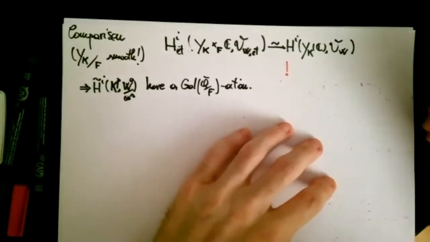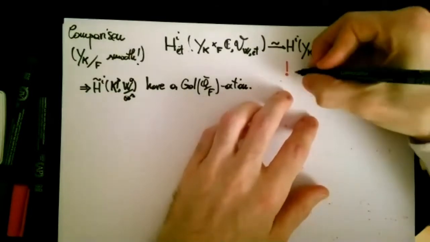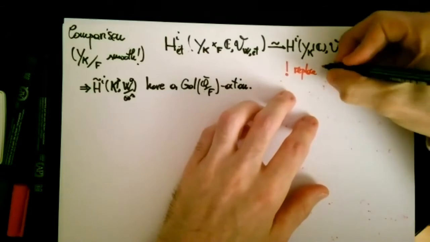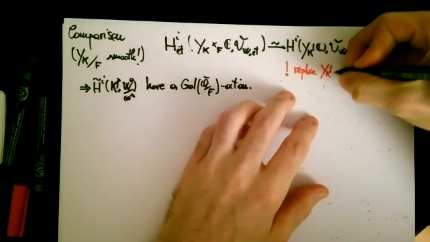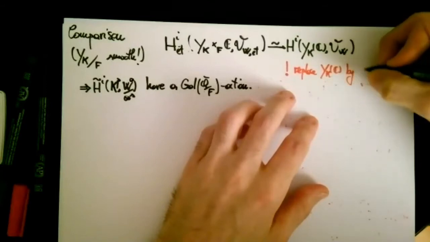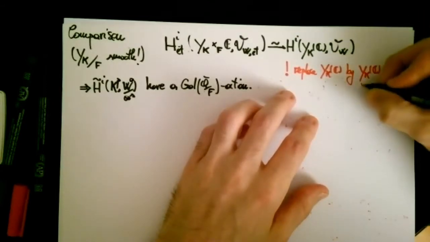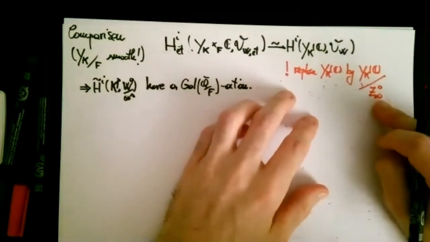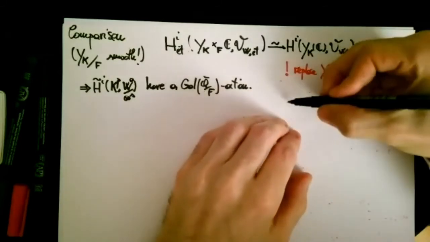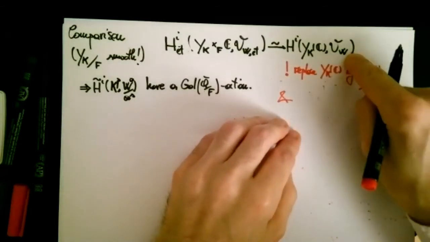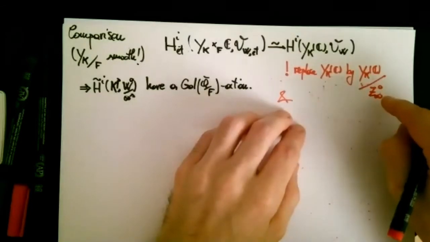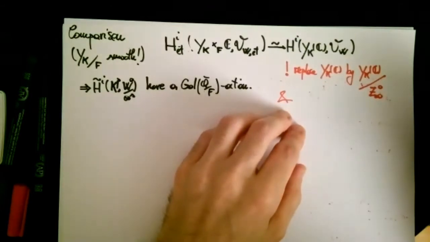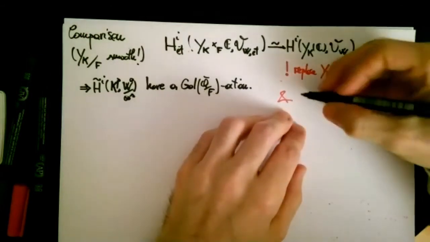And the warning is that we should replace Y_K(C) by Y_K(C) mod the connected component of the center at infinity. And we want to take a coefficient such that the kernel of the map from the center to the maximal split torus quotient is trivial.